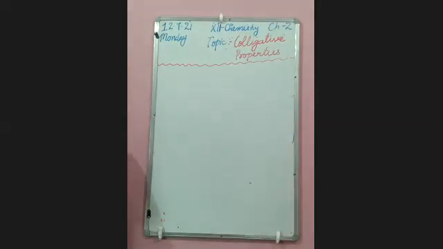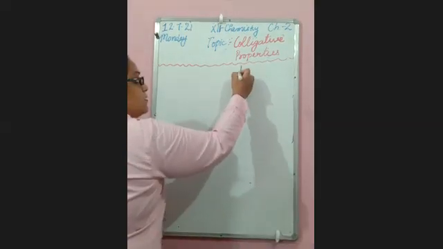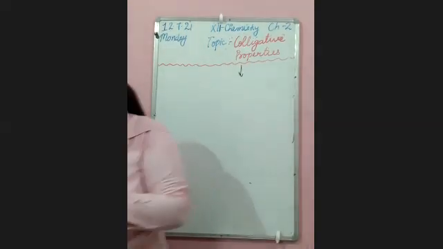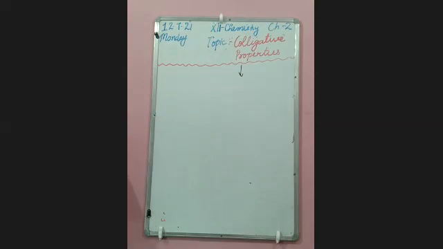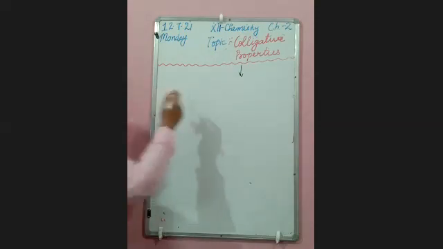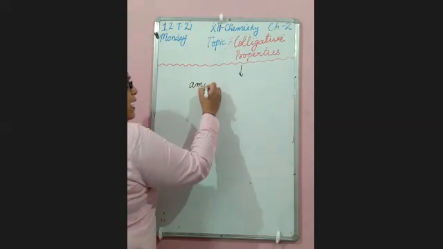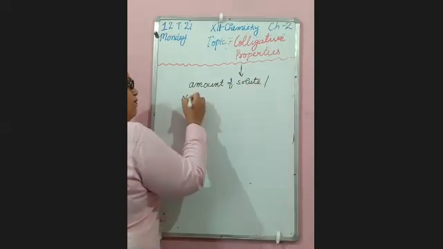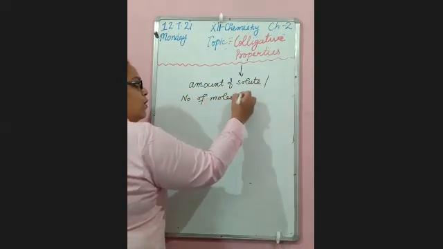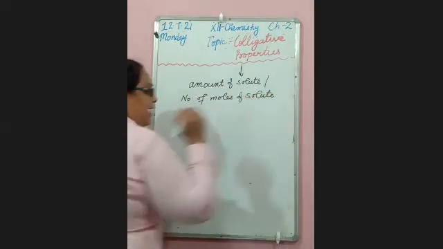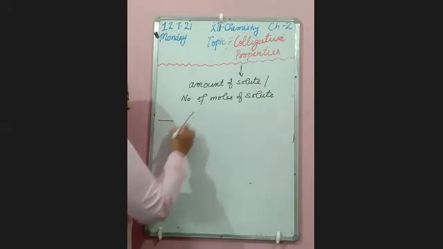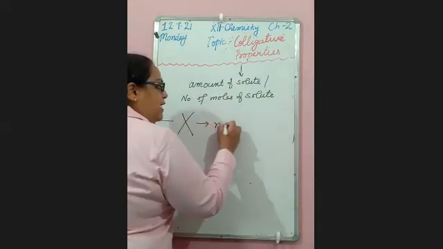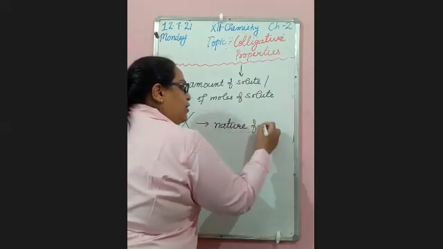So, first, we should know the meaning of colligative properties. The properties which only depend upon the number of particles of the solute, molecules or ions, or I should say the number of moles of solute dissolved in a particular solvent, and which do not depend upon the nature of solute.